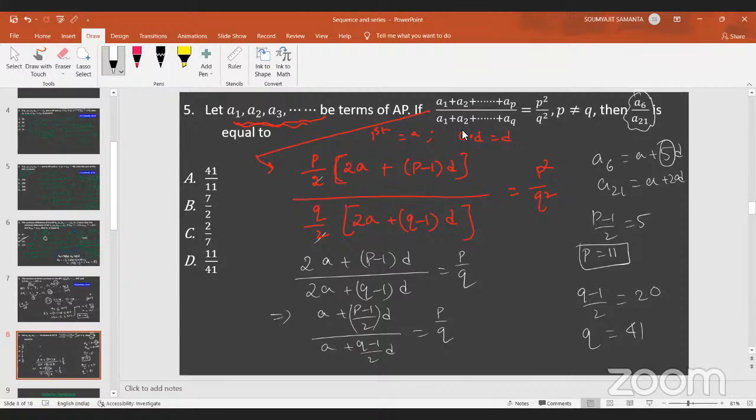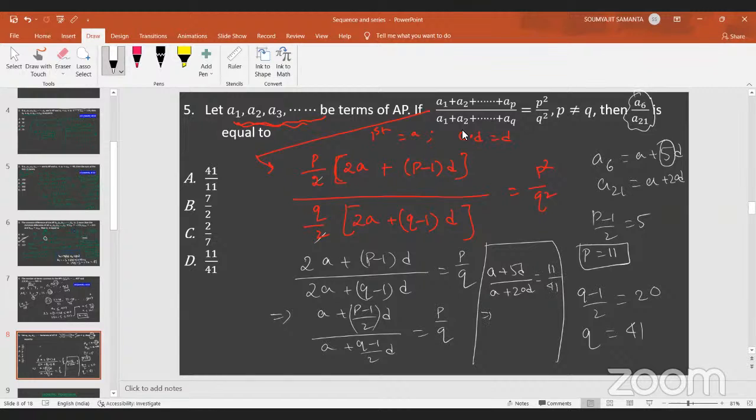Now substitute the values. So (P minus 1) by 2 is nothing but 5, so A plus 5D divided by A plus 20D. How did you get this 5 and 20? By substituting the value of P as 11 and Q as 41.